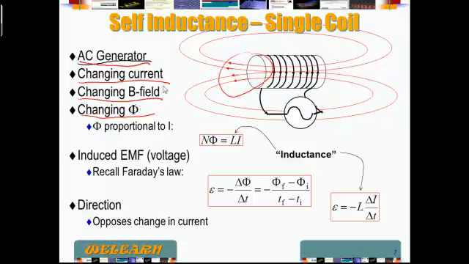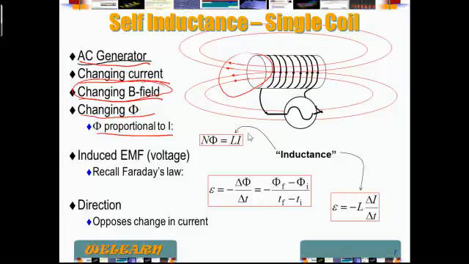That change in flux, of course, is going to be proportional to the current. Same thing that we talked about when we talked of two coils, since the magnetic field is going to be mu0 kappa Ni, so it's going to be proportional to the current.